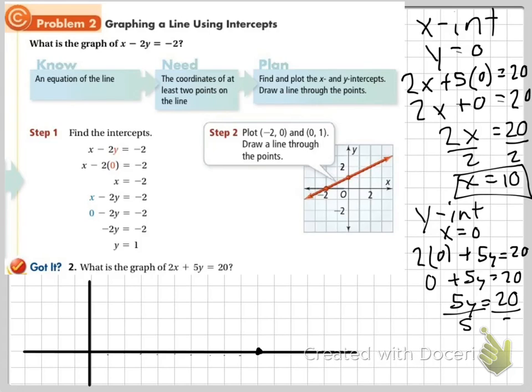Divide both sides by 5, and I get that y equals 4. So my y-intercept is at 4. So I'm going to put a dot at 4 on my y-axis. And then I'm going to connect these. And there's what my line would look like.